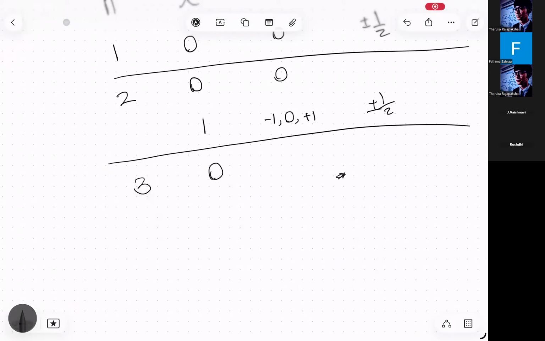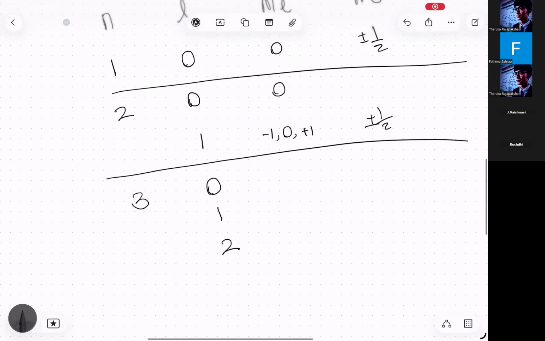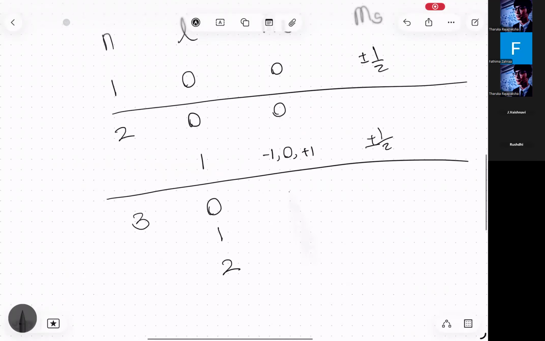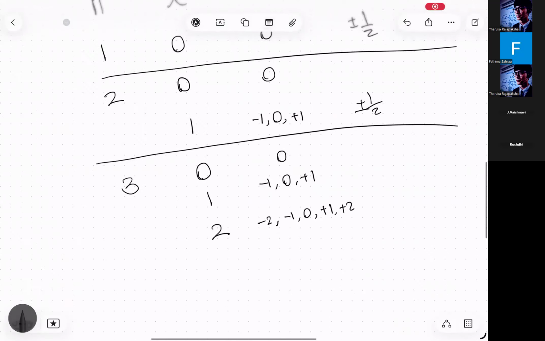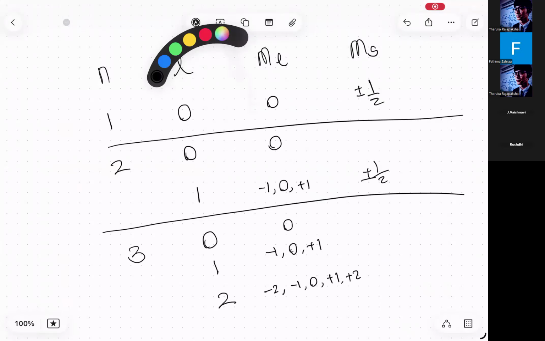Then when n equals 3, l can be 0, 1, and 2. m sub l can be here 0, here minus 1, 0, plus 1, here minus 2, minus 1, 0, plus 1, plus 2. When l equals 0, that is known as an s orbital.